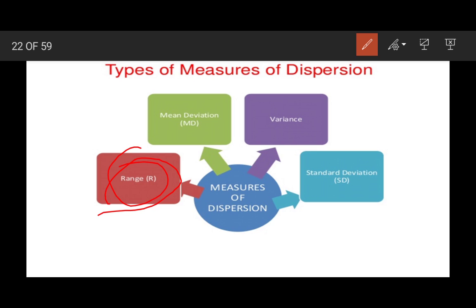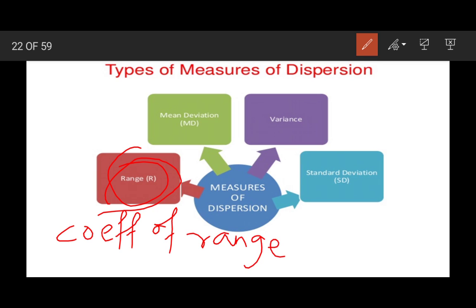Range is an absolute measure, and as I told you, from this absolute measure we are going to calculate the relative measure. So the relative measure of range is the coefficient of range. As I told you, relative measures are known as coefficients.